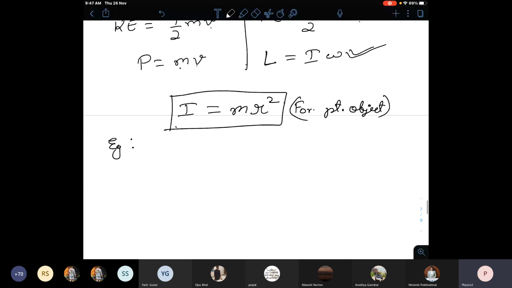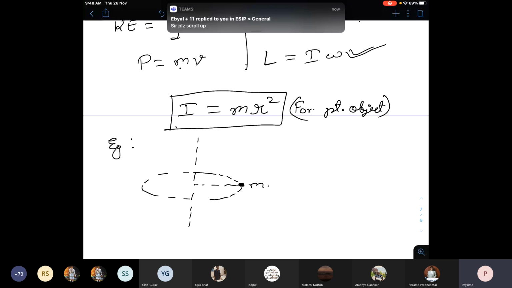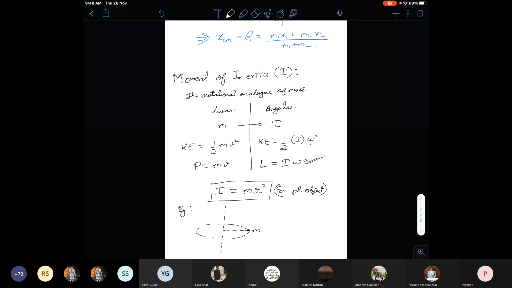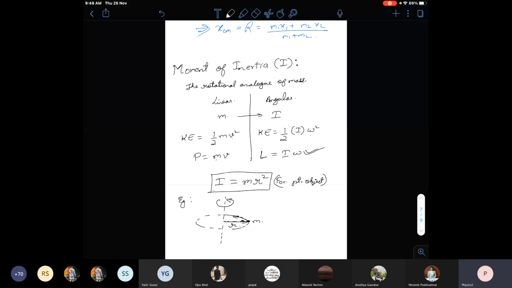For example, suppose there is a mass m, and this is rotating about an axis like this. Just see in the example, I am talking about a point mass small m. That small m is rotating about the axis.